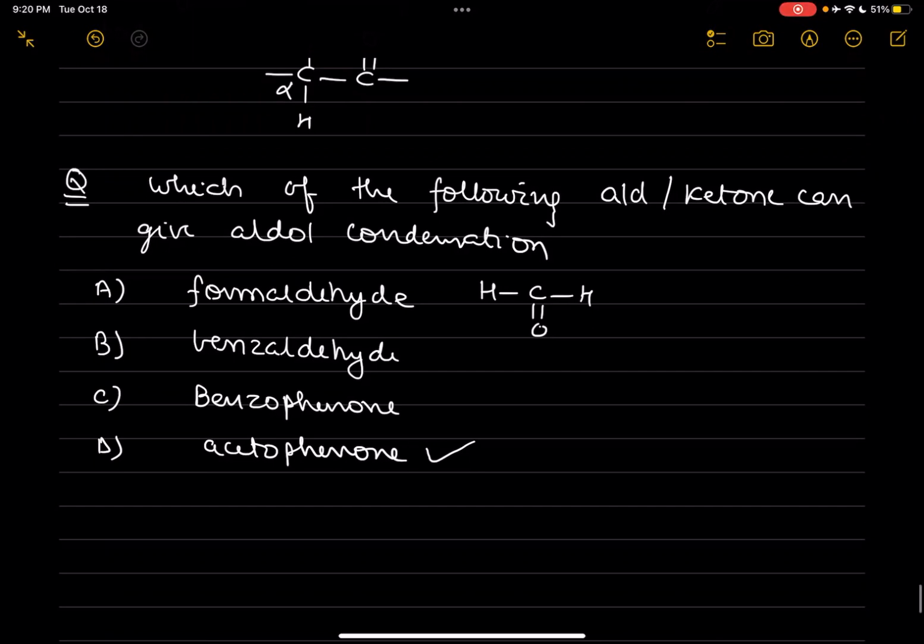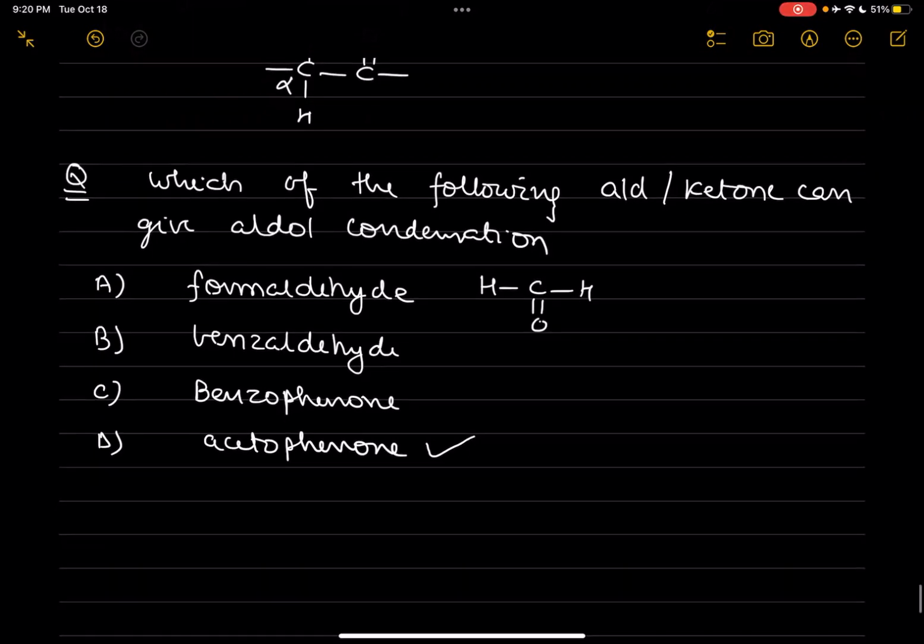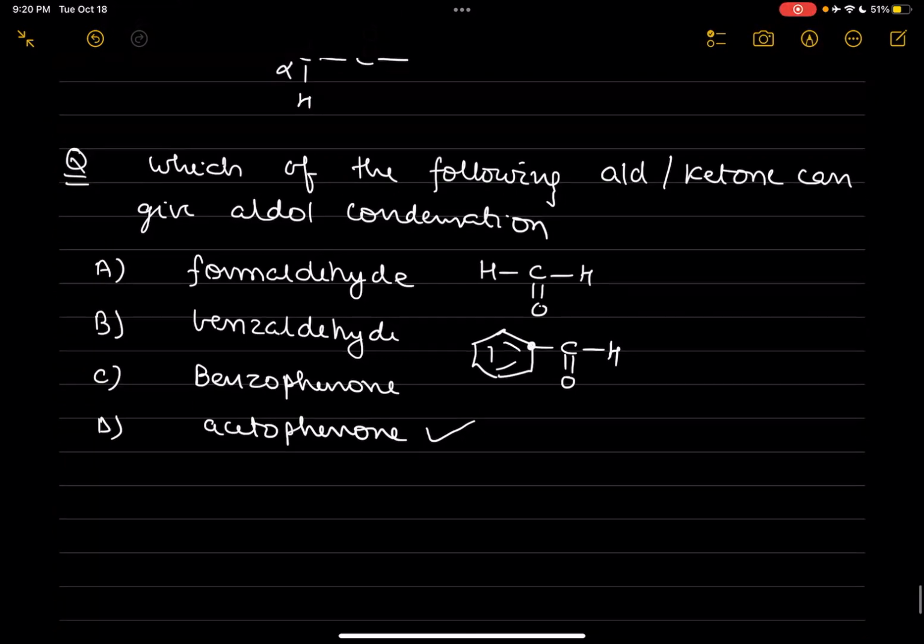For benzaldehyde, an alpha carbon is there, but alpha hydrogen is not there. You have benzene, you have C double bond O H. So this is the alpha carbon, but there is no hydrogen. No possibility of hydrogen because it is already making 4 bonds. Okay. And benzophenone, what about benzophenone?